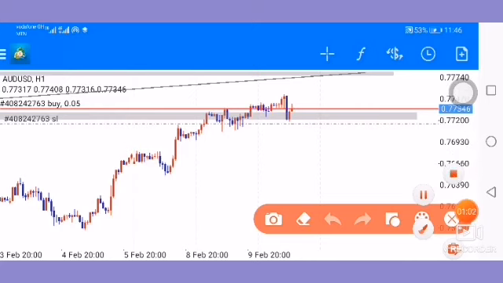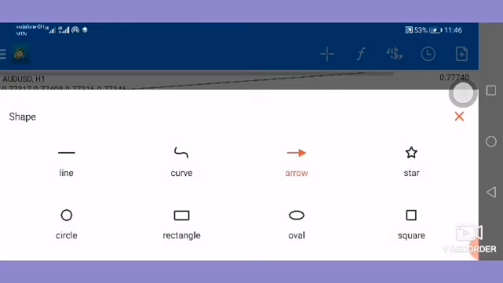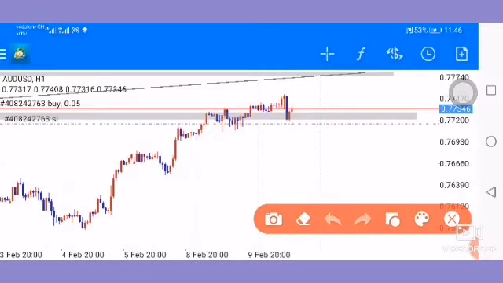So for me, for instance, before I take a certain asset or a certain pair, I first look at the chart.